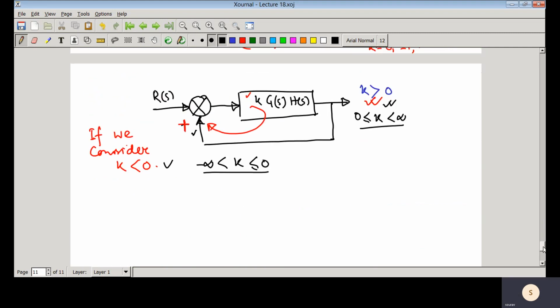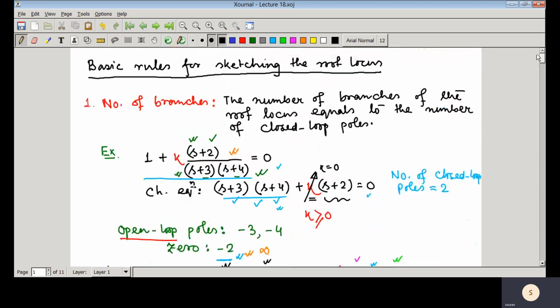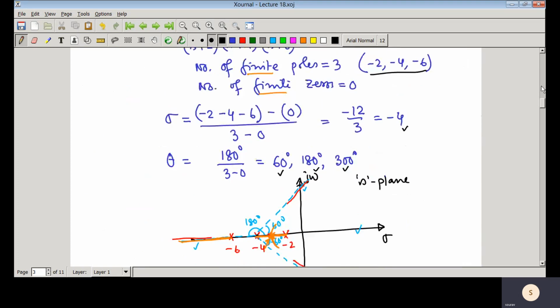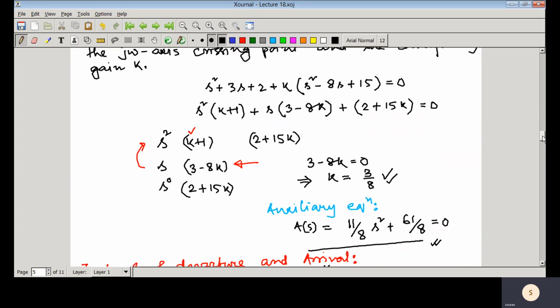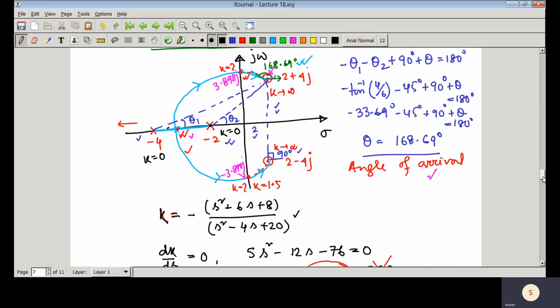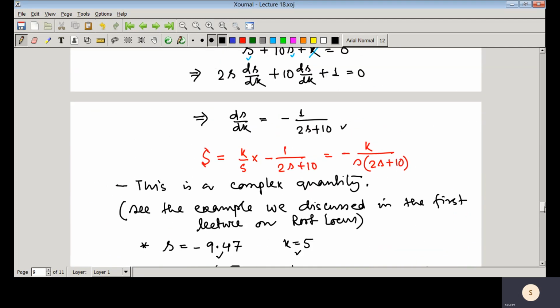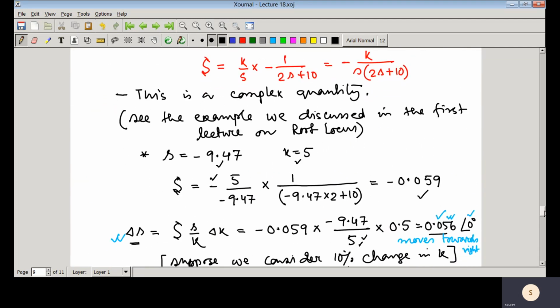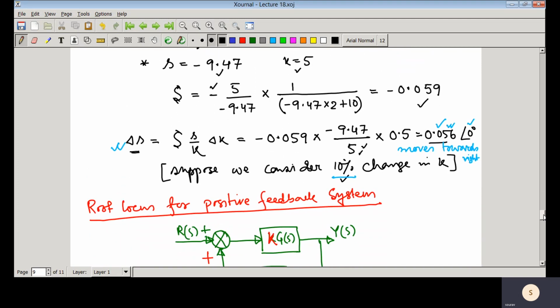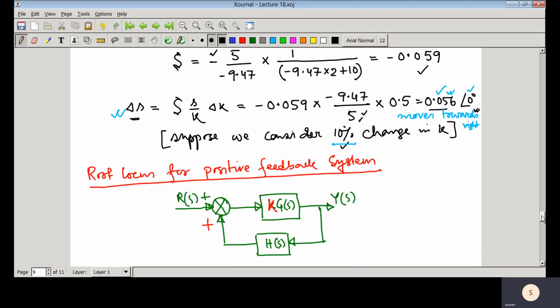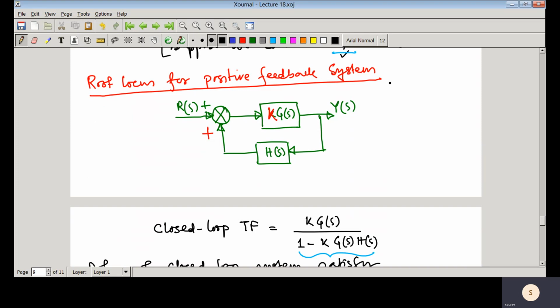So what we have discussed in the root locus. Here there are the 7 rules for sketching that root locus, and we have solved some examples to understand those rules. And then we have defined what is that root sensitivity. So root sensitivity is a complex quantity, and it gives that value as well as the directions. That means along which direction the closed loop poles will move once there is a change in that parameter. And this is that root locus for positive feedback system.